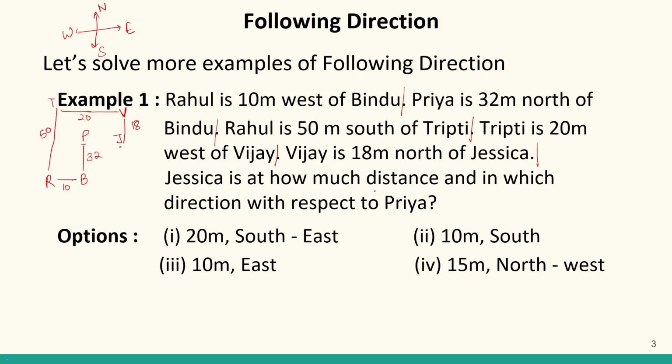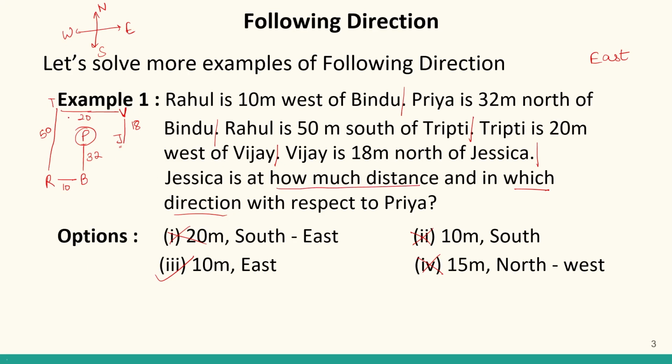Okay. So Jessica is at how much distance and in which direction with respect to Priya? So first of all, which direction? With respect to Priya, it is towards the east. So I can clearly eliminate all these 3 options. So my option will be answer number 3. But let us check, we have to also identify how much distance.